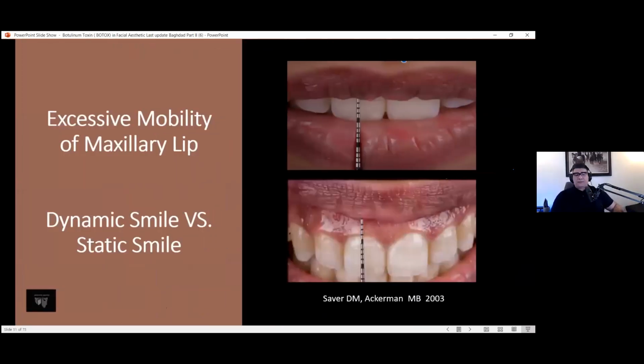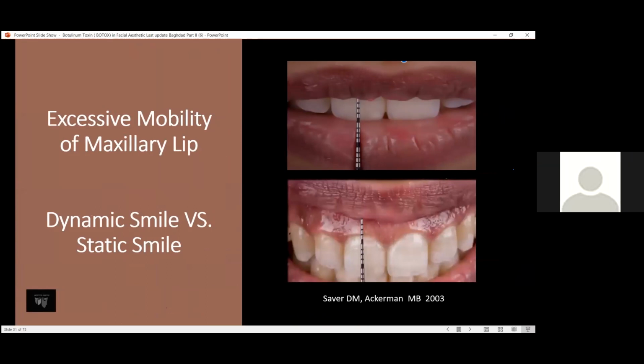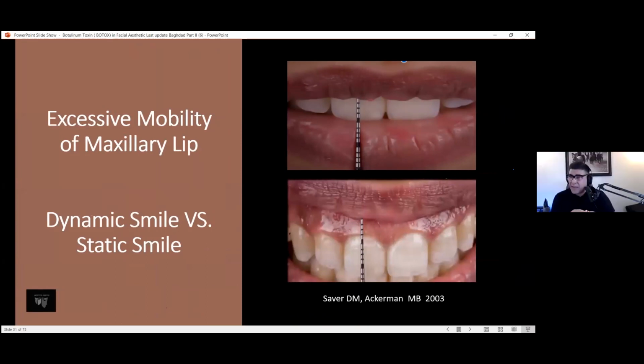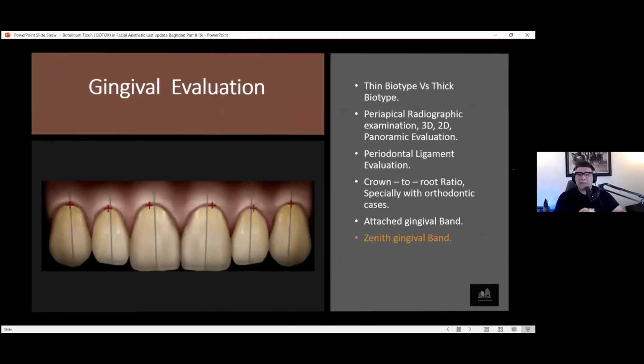Look at this picture: the difference between social smile, rest position, and excessive smile. This is important because I'm checking which pattern of hyperexcitability my patient's perioral muscular structures have, whether it's kinetic, hyperkinetic, or hypertonic. All these factors go with the treatment of gummy smile.